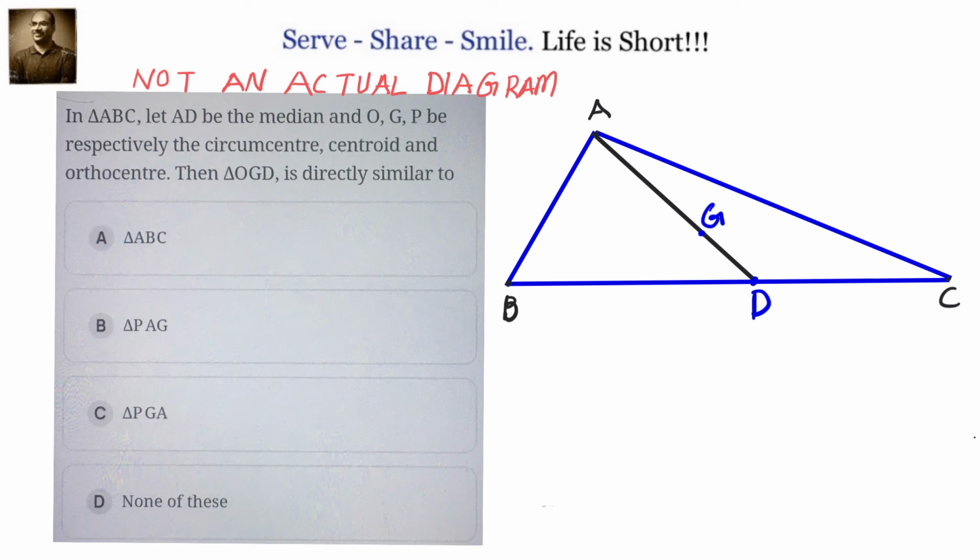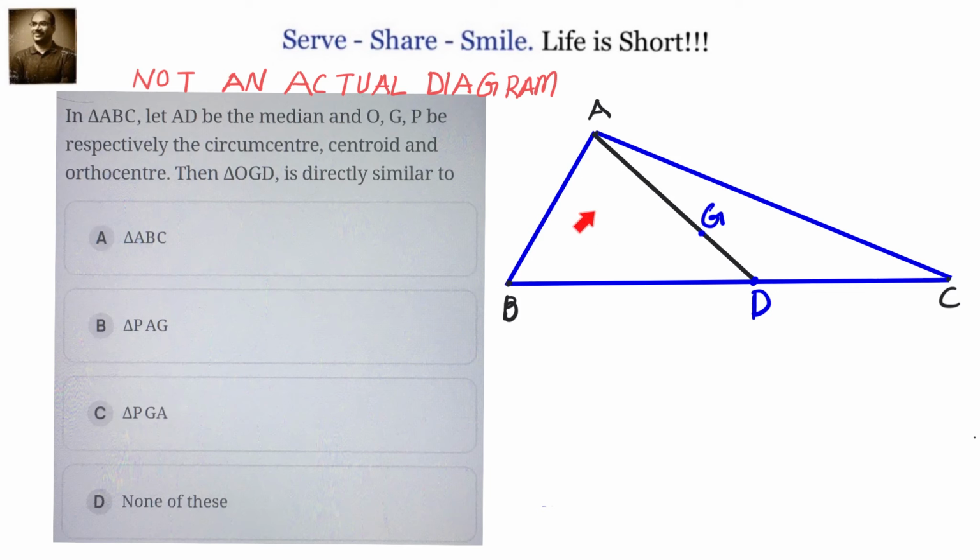Now let's go back and see what else they have given. They said O is the circumcenter and P is the orthocenter. Now by definition, what is orthocenter? Orthocenter is point of intersection of altitudes. So if I am able to draw the altitude to BC, my orthocenter will be somewhere on this particular line only, because it's a point of intersection of altitudes.